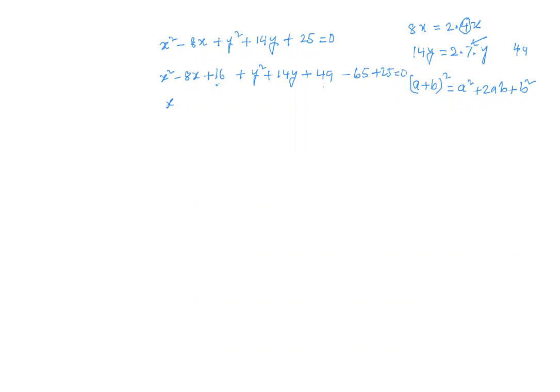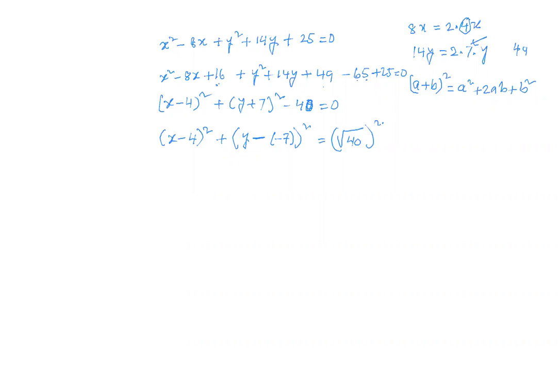So this is going to be x minus 4 whole square plus y plus 7 whole square, negative 65 plus 25 is negative 40, is equal to 0. Or I could write it as x minus 4 whole square plus y plus 7 whole square, I have to convert it into negative, is equal to 40 on the right side, square root of 40 whole square.